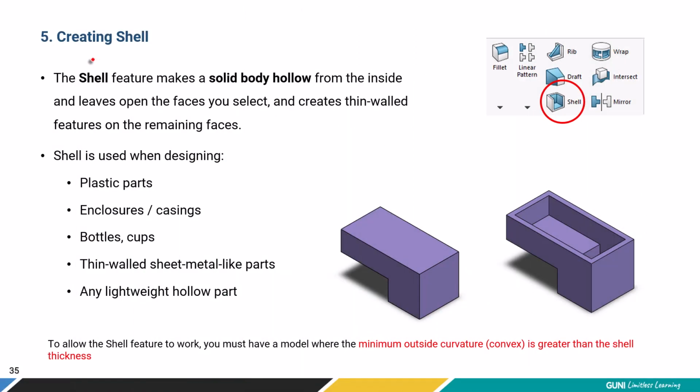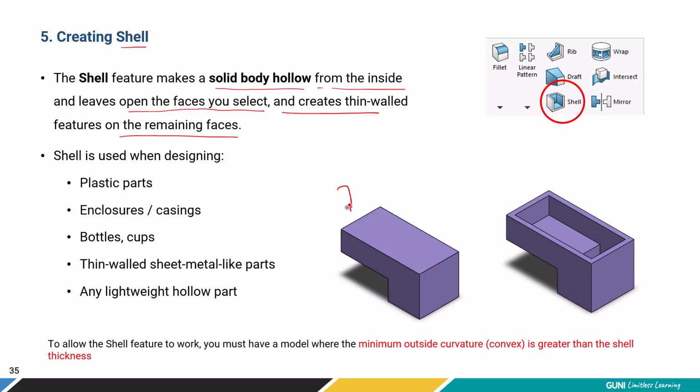Now let's learn the shell feature. It's available in the Features CommandManager below the draft feature. It basically makes a solid body hollow from inside and leaves open the face you selected and creates the thin wall feature on the remaining faces.